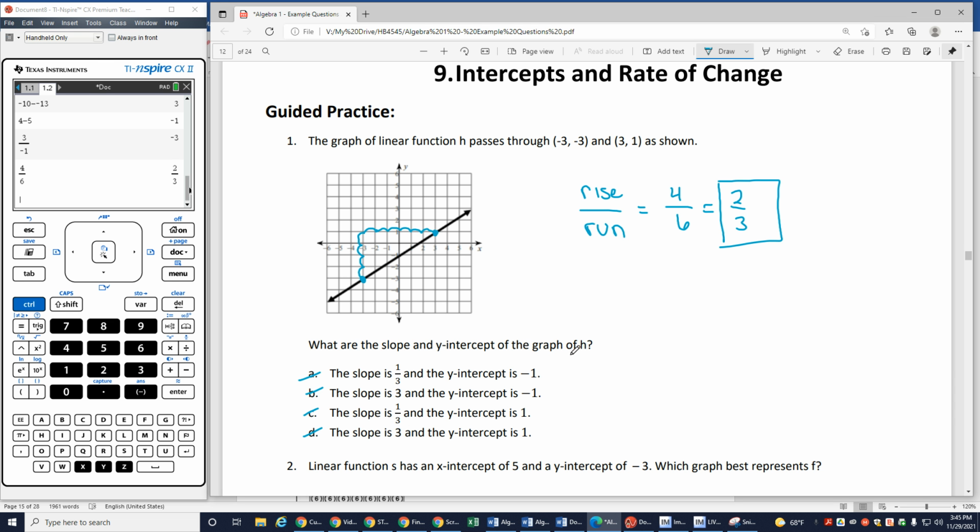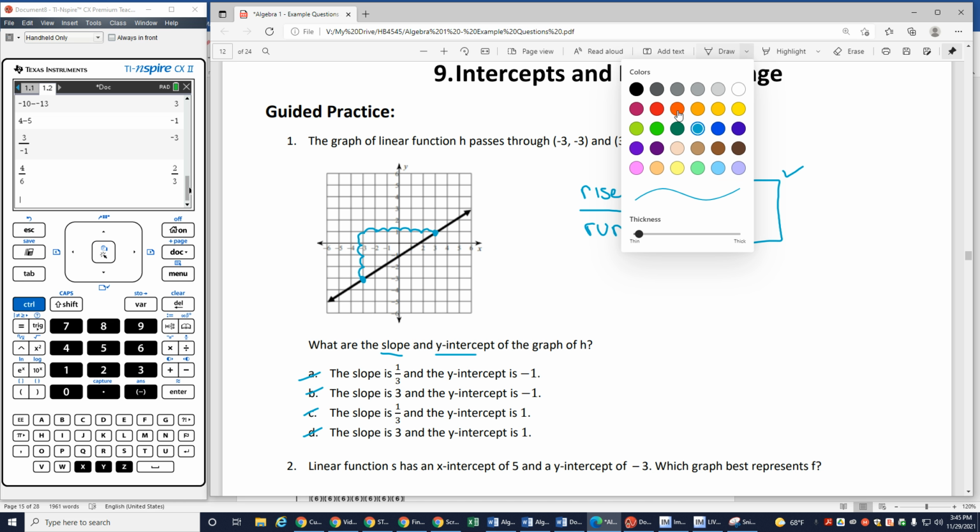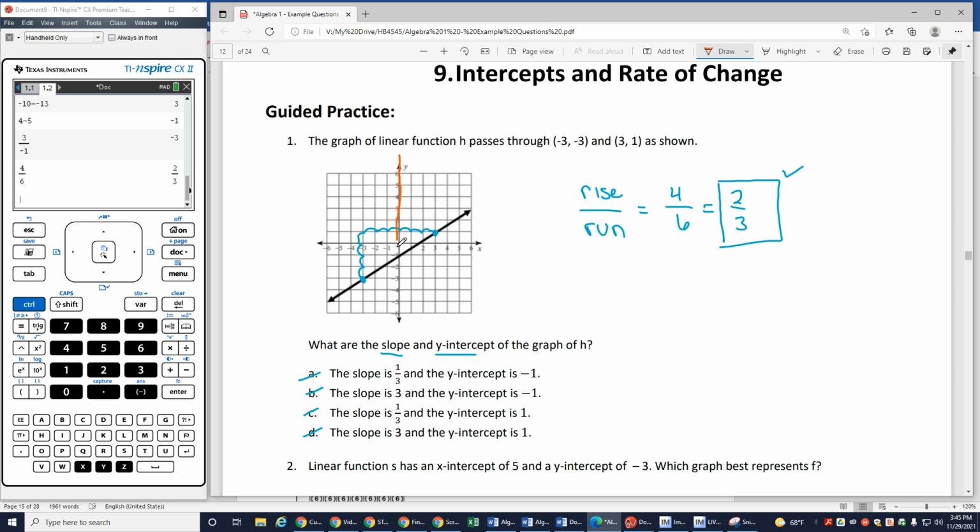Let's look at what our y-intercept is, though, just to get used to finding slope and finding y-intercept. And notice 2/3, if I go up 2 and over 3, up 2 and over 3, I do land on the line each time, so that is the correct slope. My y-intercept is where we cross the y-axis. So here is my y-axis.